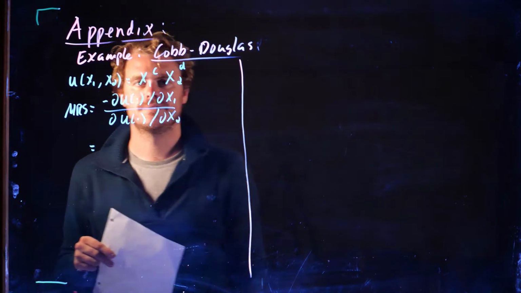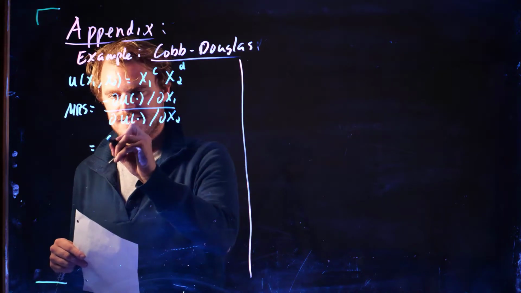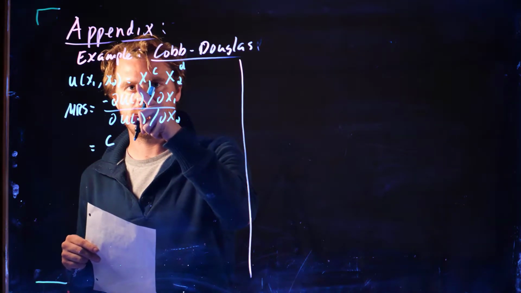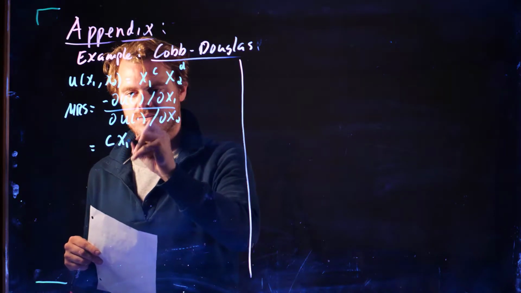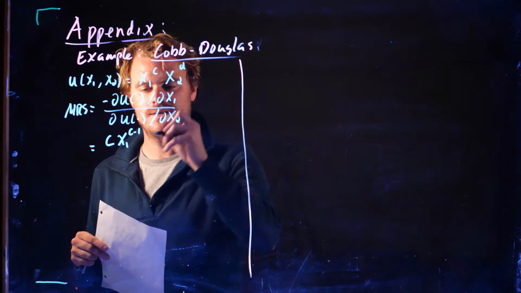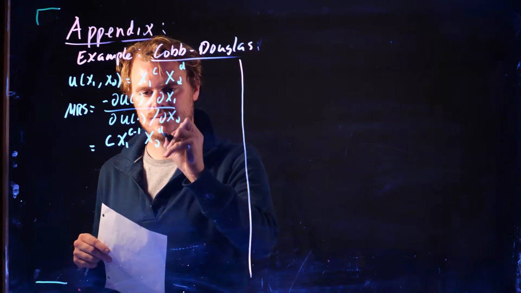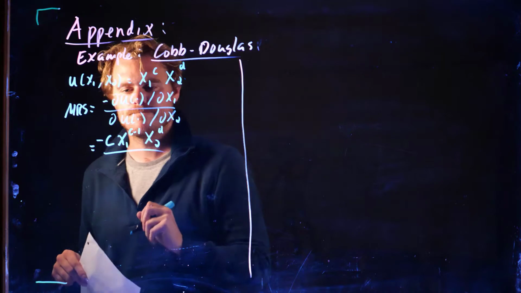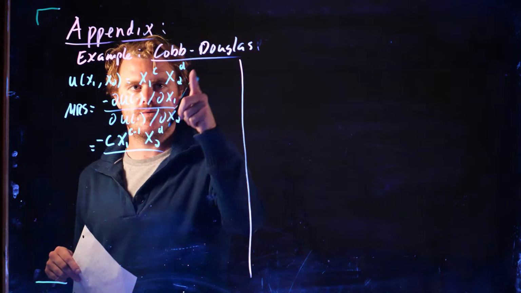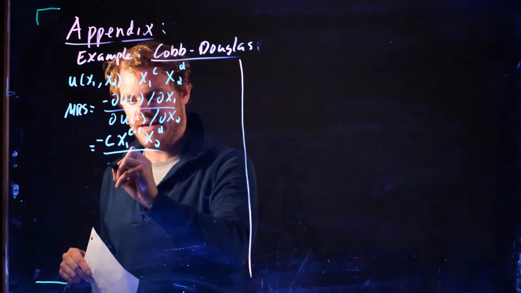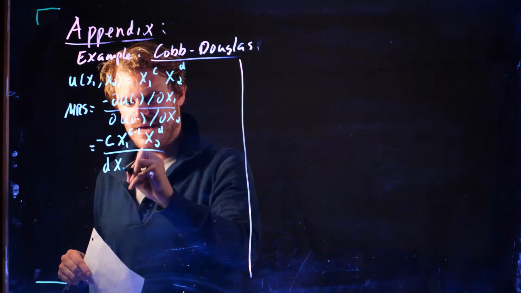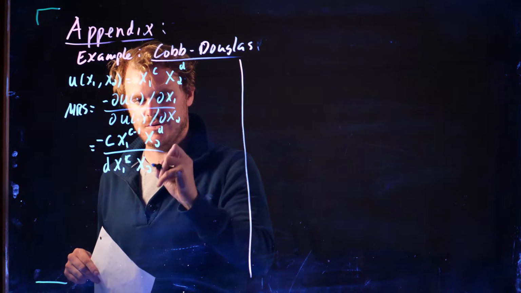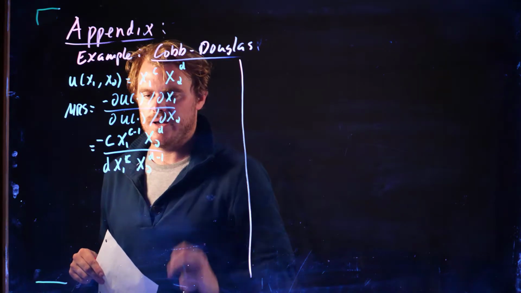So if we did that, we're going to get c, taking the derivative with respect to x1, so c goes down to c minus 1, x1 to the c minus 1, and x2 to the d remains constant. So that's the numerator, I need a minus sign there. And then taking the derivative with respect to x2, we get d times x1 to the c, and x2 to the d minus 1.